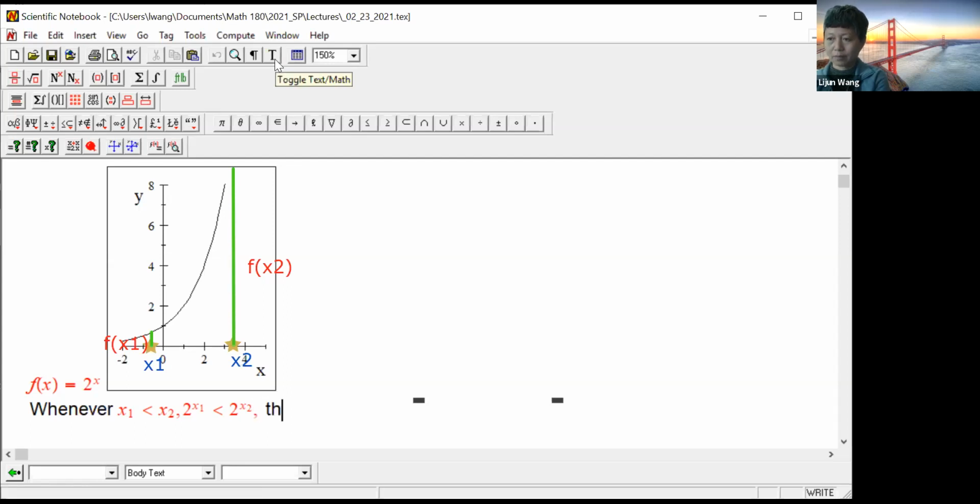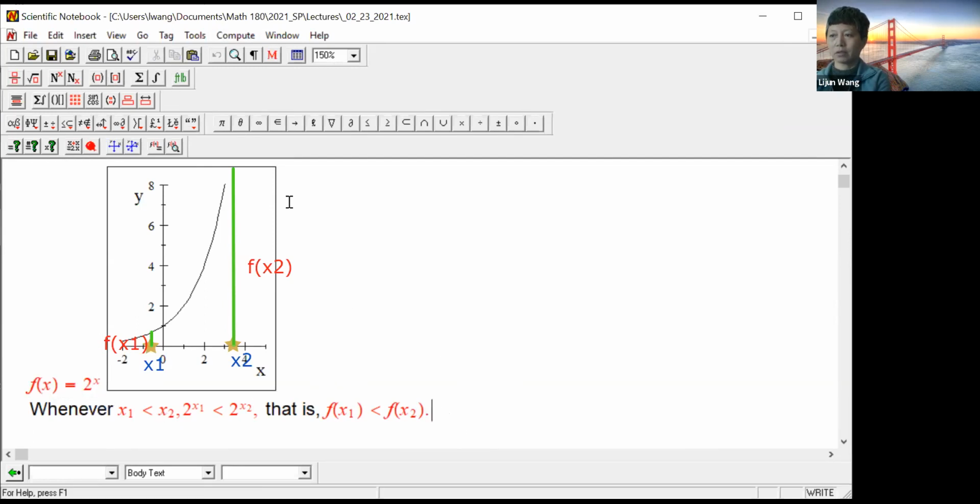That is, f of x1 is smaller than f of x2. And then what do you say?